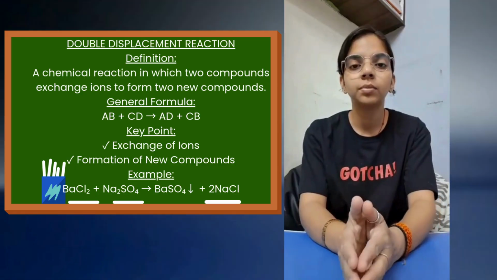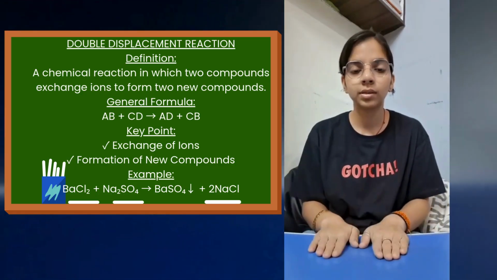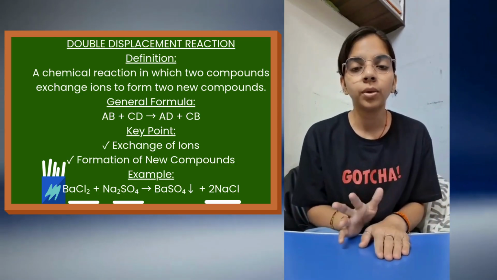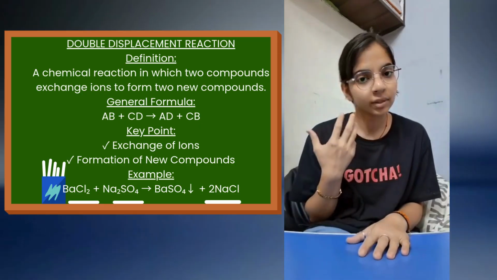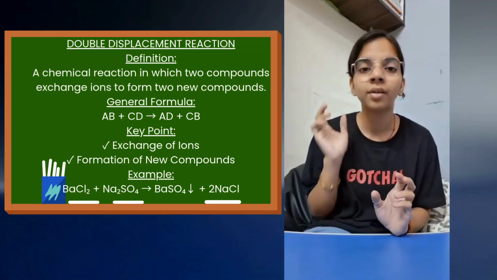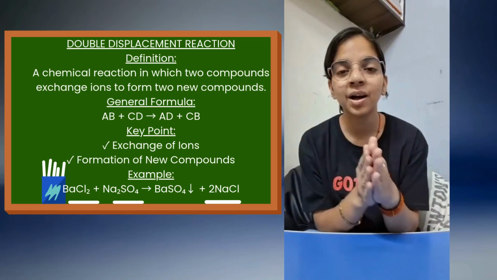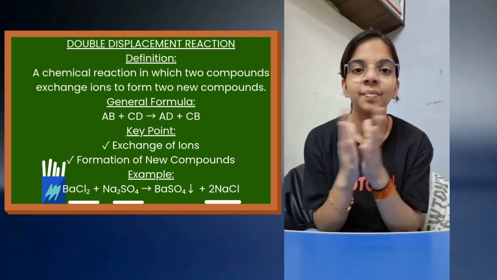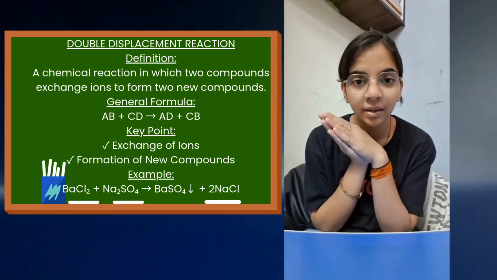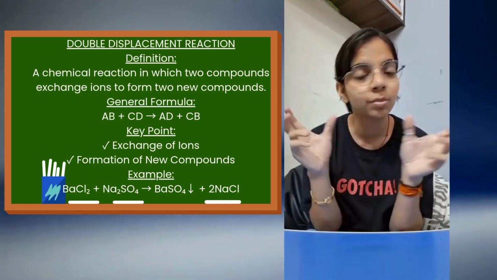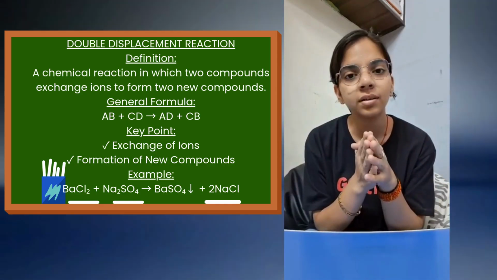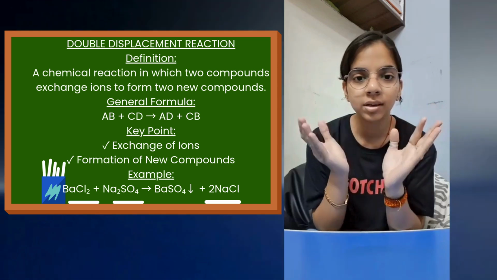So as you have learnt about the neutralization reaction through this experiment, I want to tell you which kind of reaction this is. It is basically a double displacement reaction. So here you have learnt and seen a live example, an experiment of double displacement reaction. So how is it a double displacement reaction? Now listen clearly.